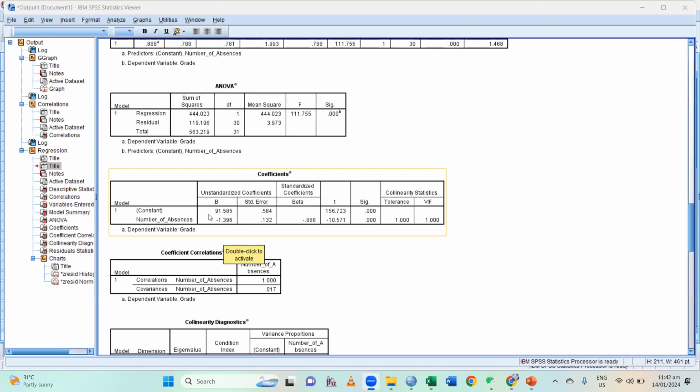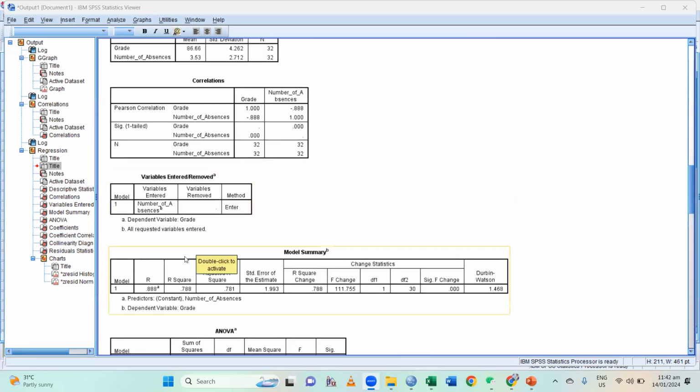This is your slope, the negative 1.396. And the constant is your y-intercept, 91.585. If the slope is negative, it also implies that r here is negative. Careful. Your r squared, if you square this, will be 0.788.